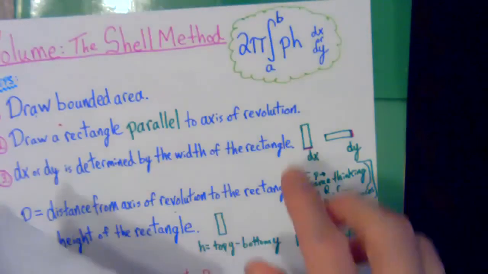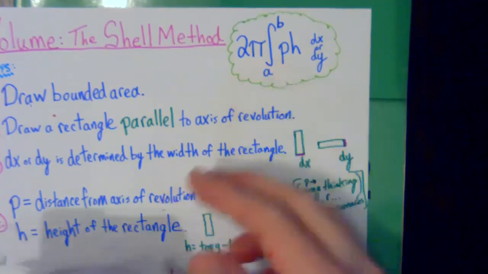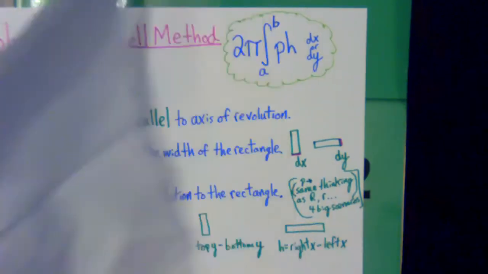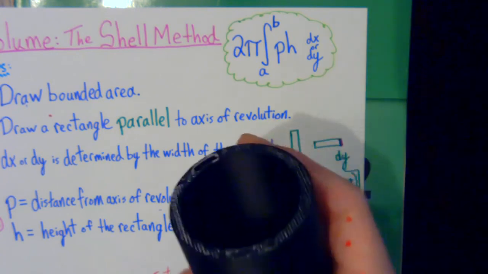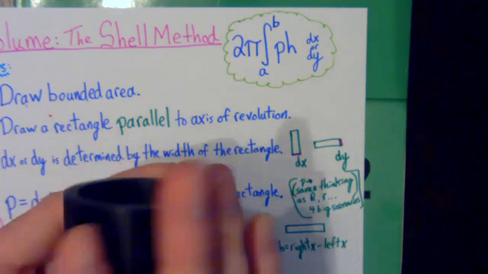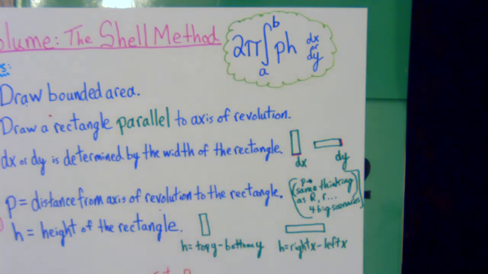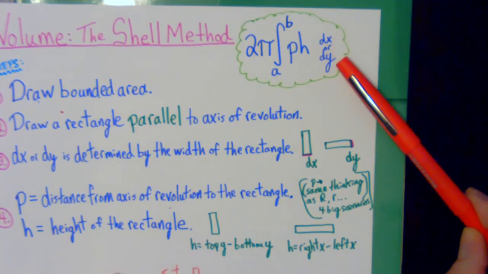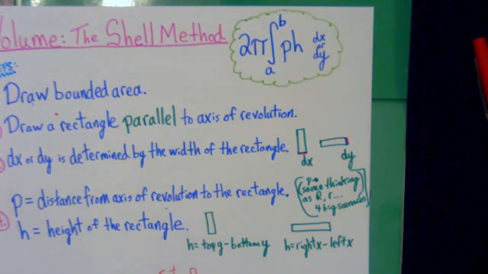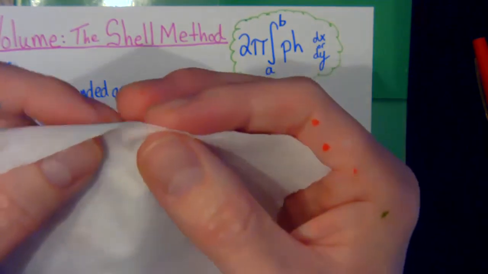But there's where the 2 pi P times H comes from. The 2 pi P is what you get when you unravel that, and when you times it by the H, you get the area of this whole outer part right there. But the thing is, we're supposed to find volumes, right? That's where the dx or the dy comes into play. If you take a Kleenex, it has a little width to it.